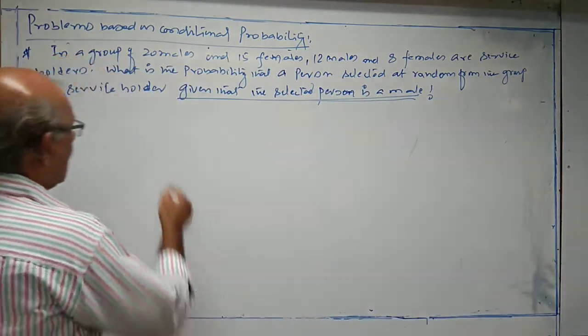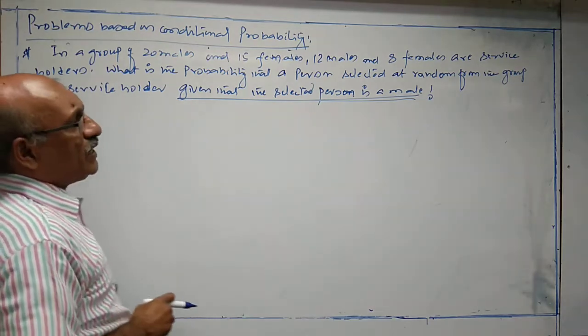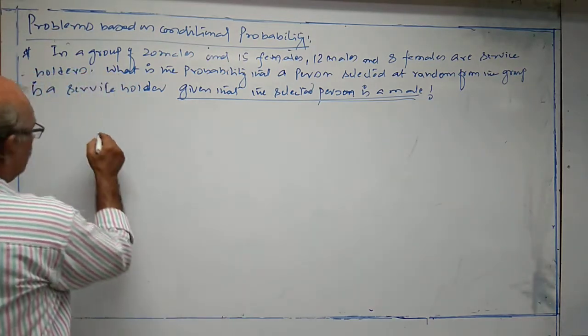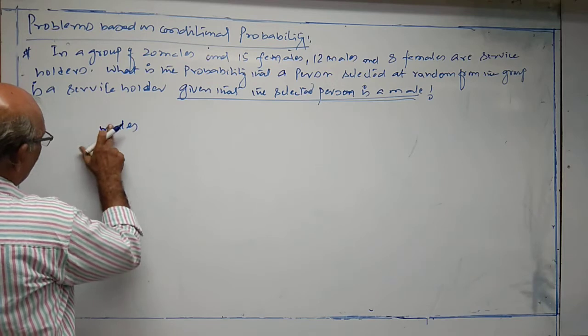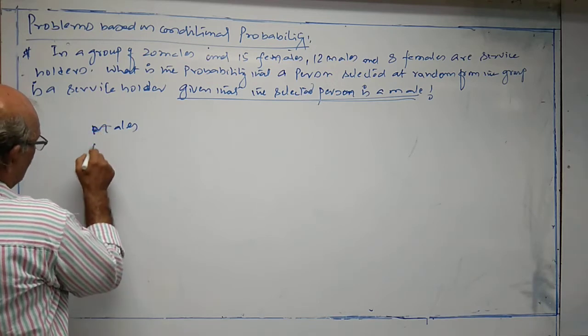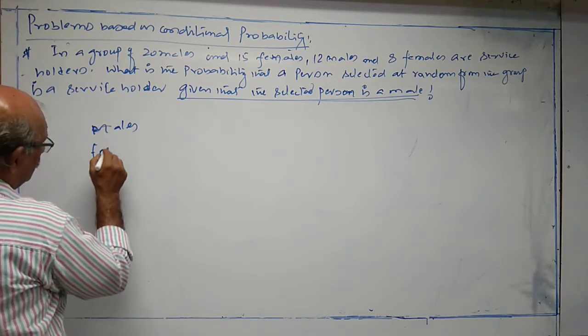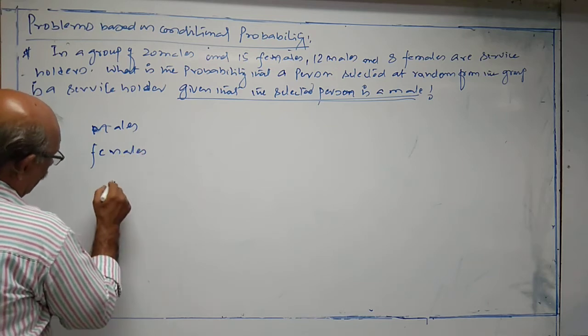Okay. Now look at this. I am giving a tabular representation of the given question. Columns: males, females, total.